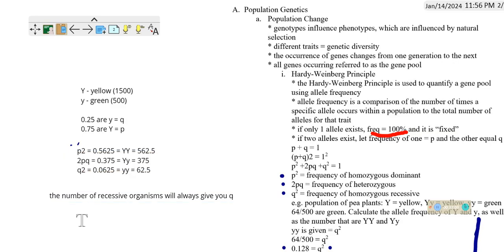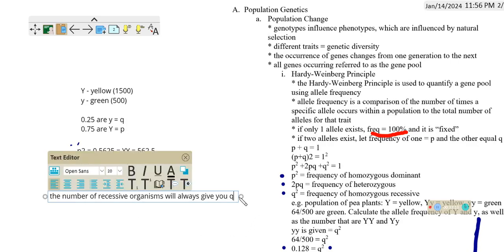And that can be worded in a few different ways.